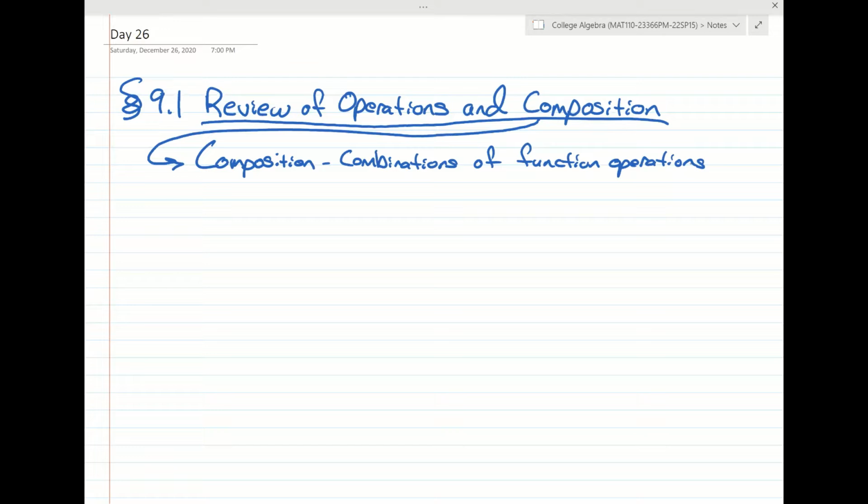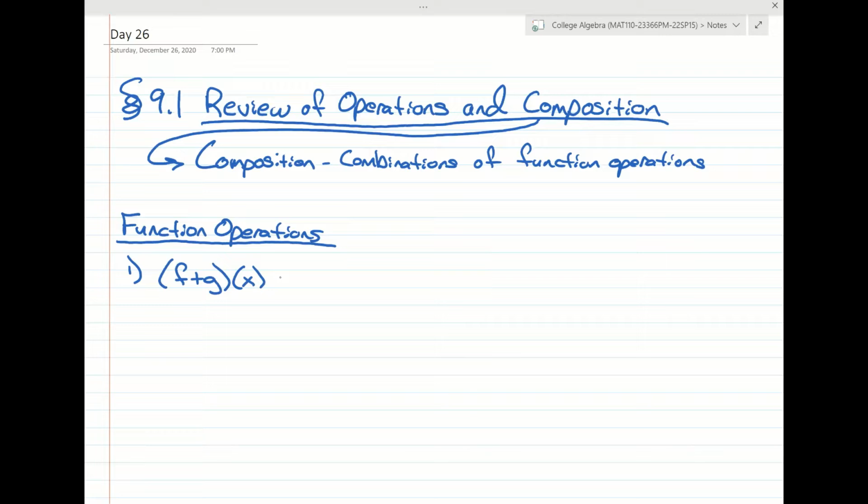To get things started, I want to go over notation with function operations. The very first type of notation is if you see a problem where it asks you to find f plus g of x.